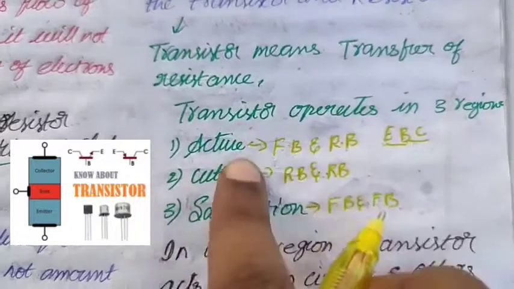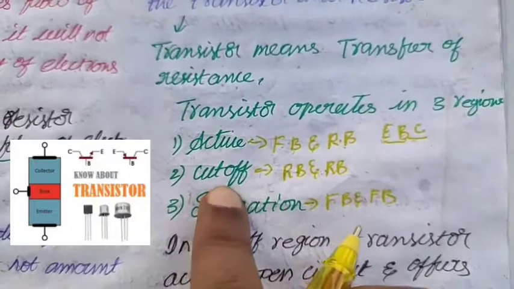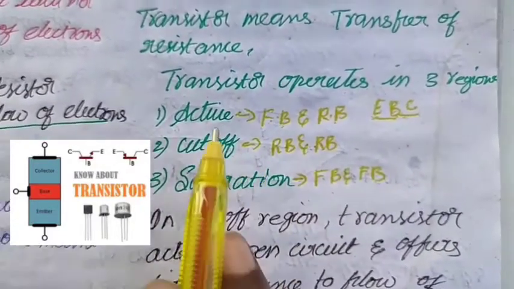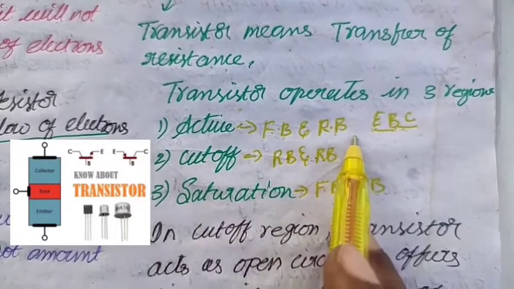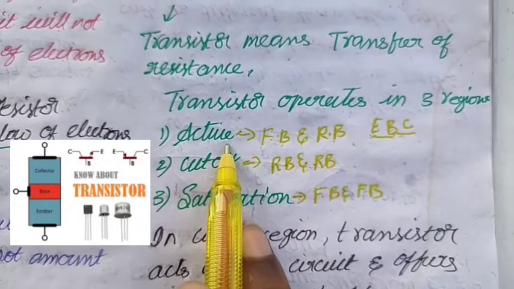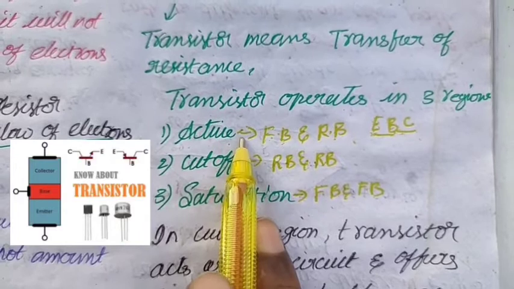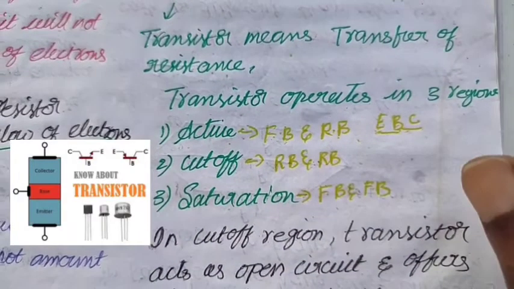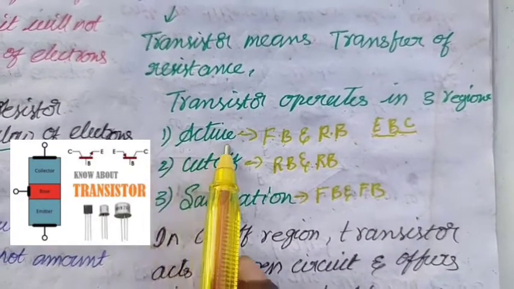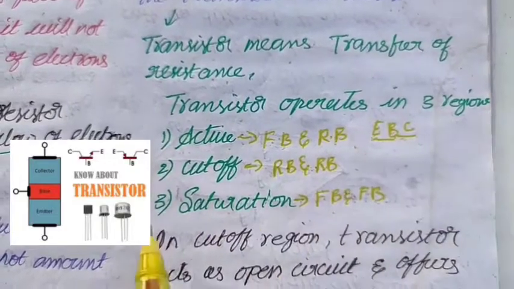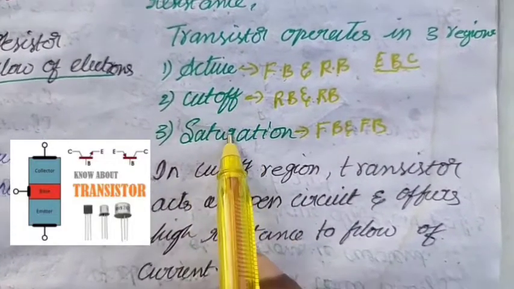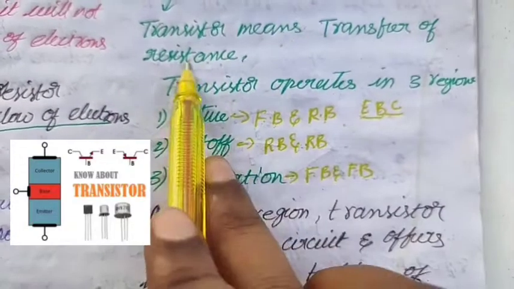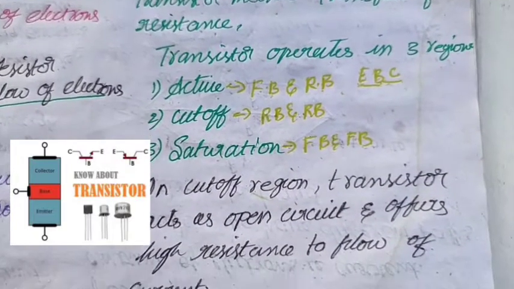What happens if you bias in this way? In the active region, it can be used for amplification. Amplification means raising the signal. We will explain this later. We simply need cutoff and saturation to explain how a transistor acts as transfer of resistance.